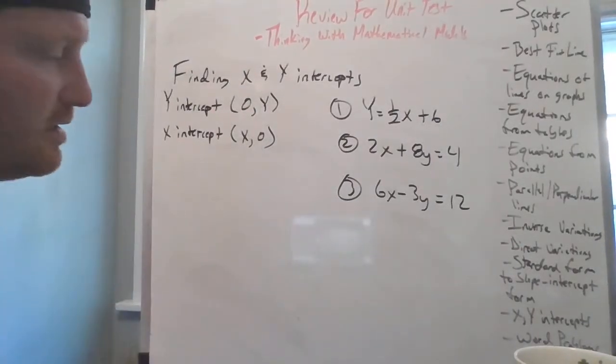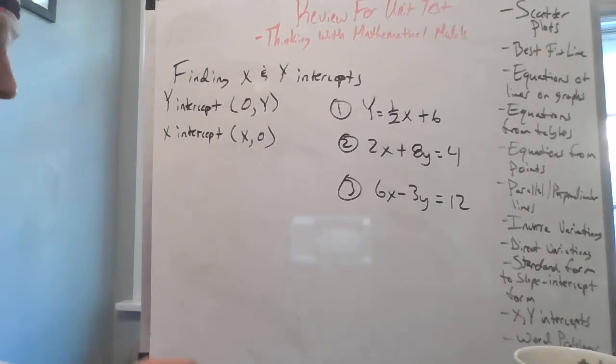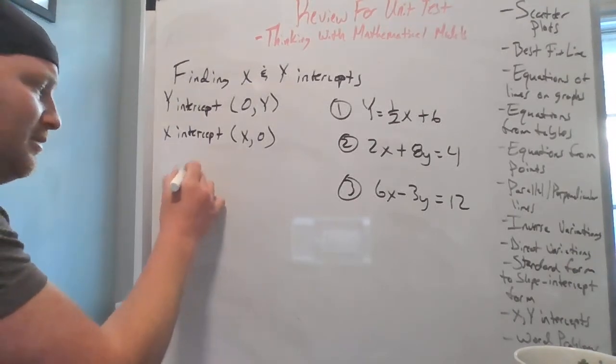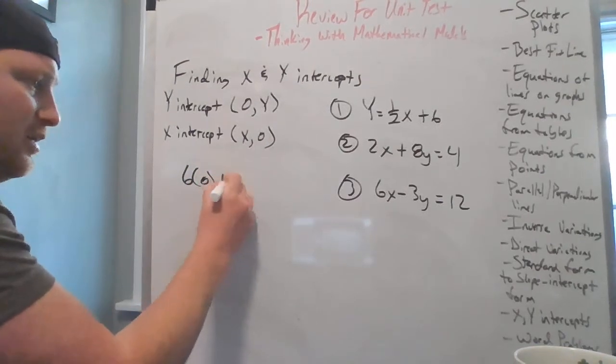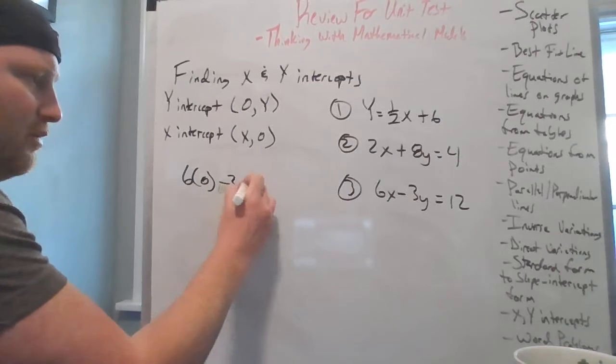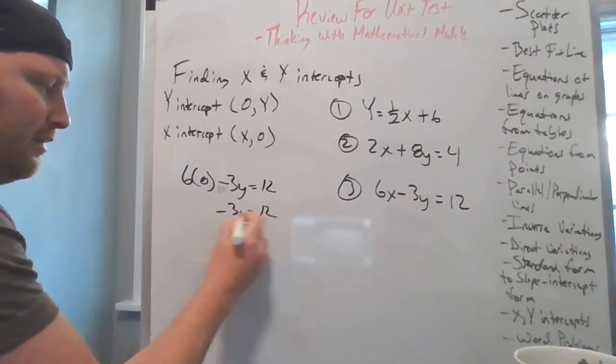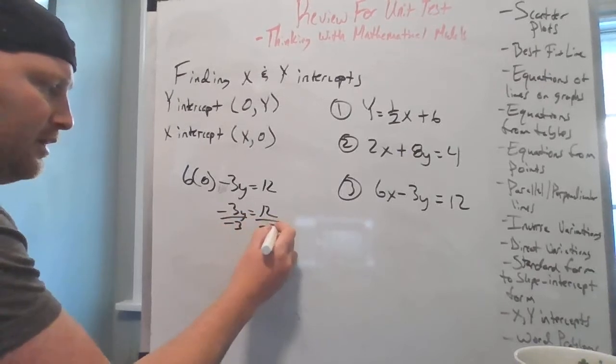Number 3 says 6x minus 3y equals 12. Well, let's just go in and do it. Let's do the same way we did it before. Find the y-intercept by replacing x with 0. So 6 times 0, that's a 0, minus 3y equals 12. Well, that cancels off. So negative 3y equals 12. Divide both sides by negative 3.